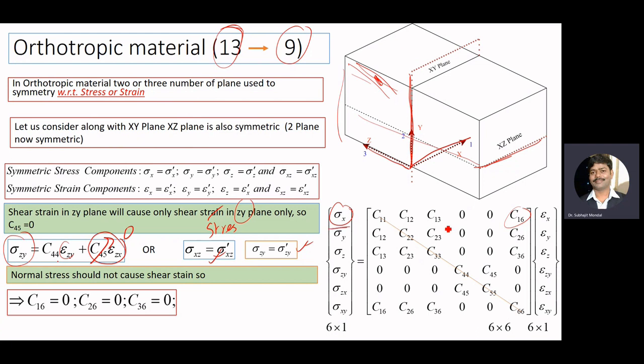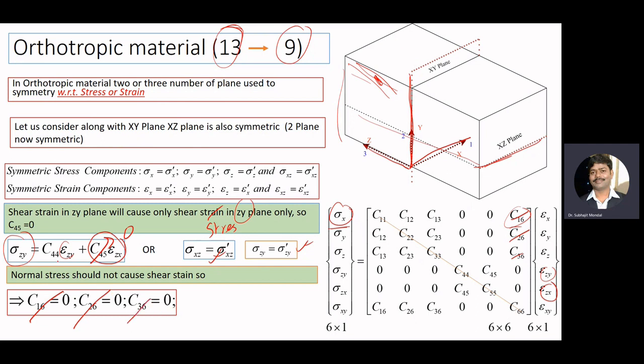So normal stress in the X direction should not cause shearing stress in the ZX and YZ planes. That means if we are applying normal stress, it should affect only normal strain, and shearing stress should affect the shearing strain. To achieve this, these components must be 0. So C16, C26, C36 should be 0.